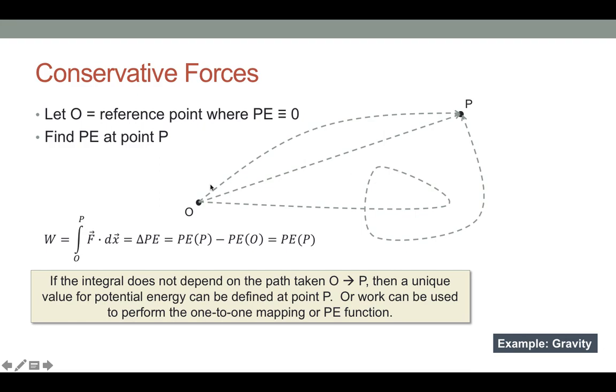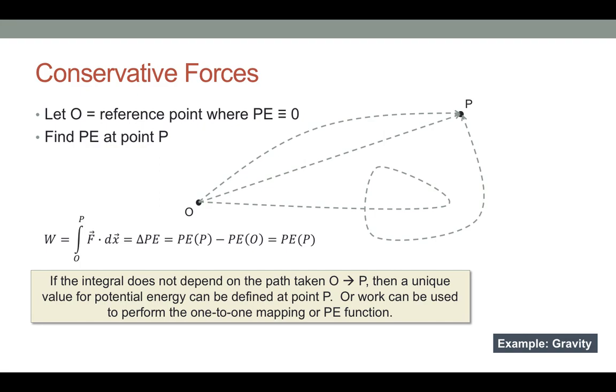All of the horizontal motion, the force and the displacement will be at right angles to each other, and the dot product will be 0. So if I want to go from O to P, I can break any one of these paths into a series of small horizontal motions and small vertical motions. The vertical motions will contribute to the work. The horizontal will not.